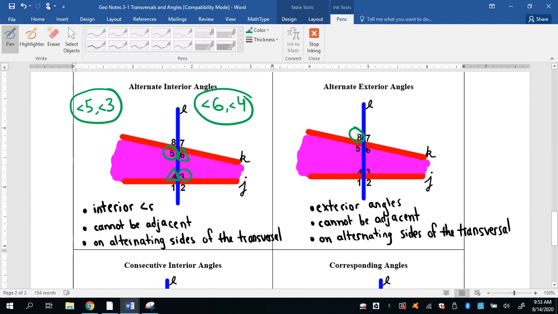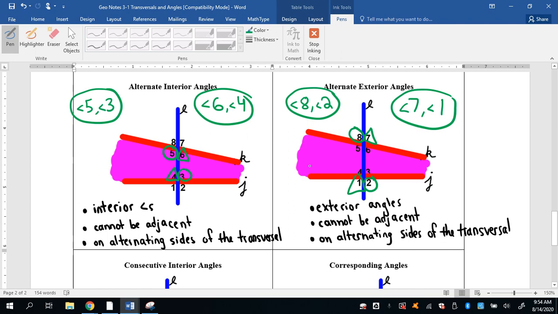They have to be on alternating sides of the transversal, that L line, that blue line, and they cannot be adjacent. So angle 8 and angle 2 are an alternate exterior angle pair. Angle 7 and angle 1 is another pair. And again, you can name them like angle 1 and angle 7, doesn't matter the order here.